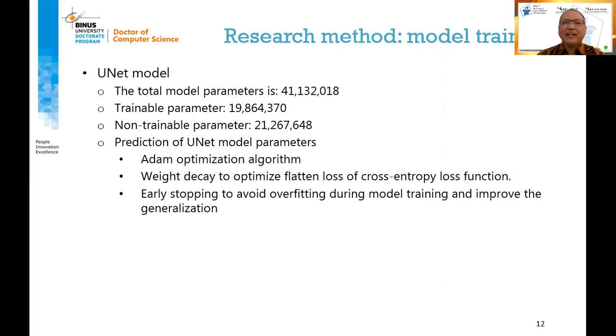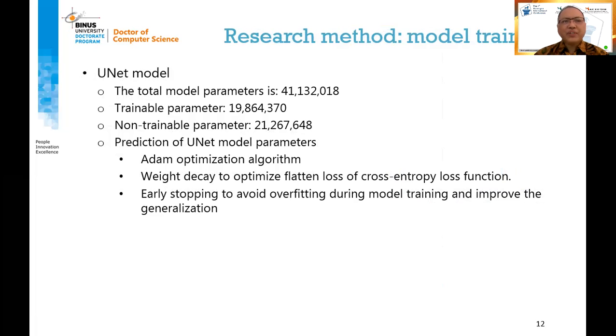So we need to have high performance computing to train the models. The total parameters comprise 19 million more trainable parameters and 21 million more non-trainable parameters.